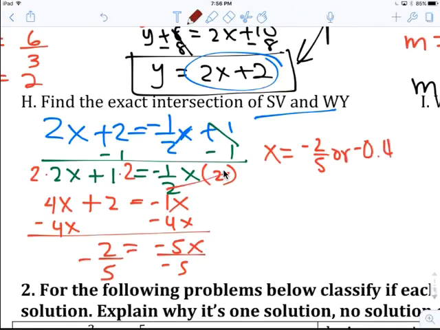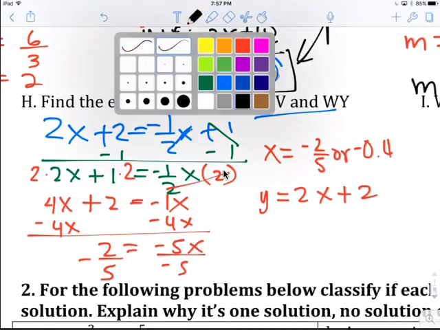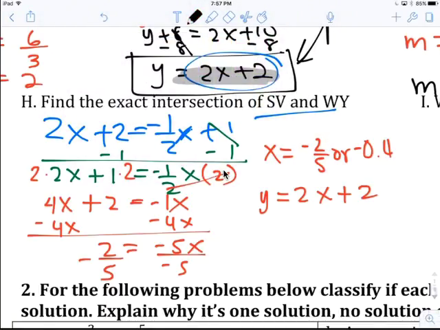You need to find your y. Okay, y equals 2x plus 2. You would use this one right here. So you would substitute this into here. Y equals 2 times negative 0.4 plus 2.